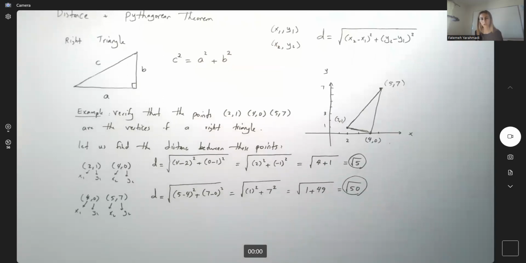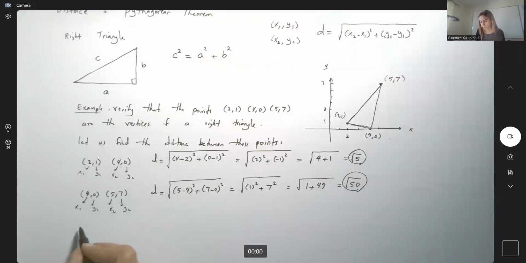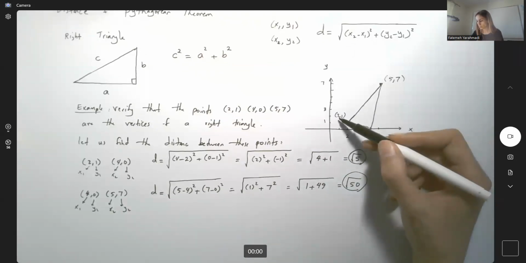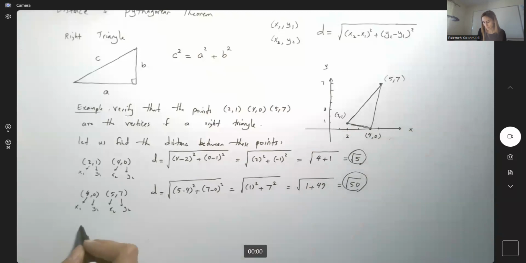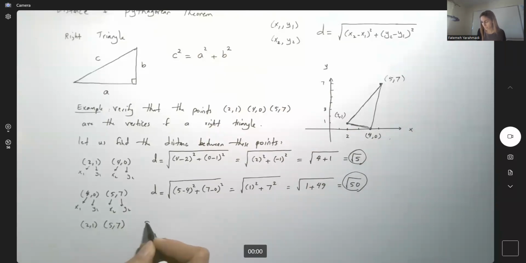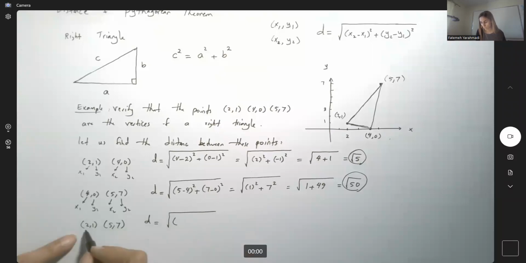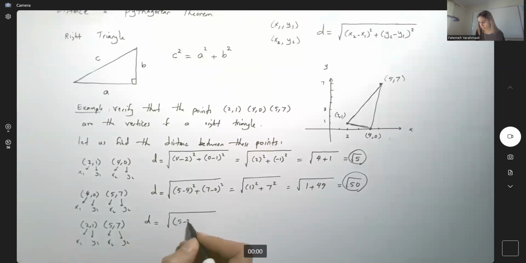Very good. So let us move on and find the distance between 2, 1 and 5, 7. This distance is equal to the square root of, okay, this is my x1, y1, x2, and y2. Difference between x values, 5 minus 2 to the second, plus difference between y values, 7 minus 1 to the second.